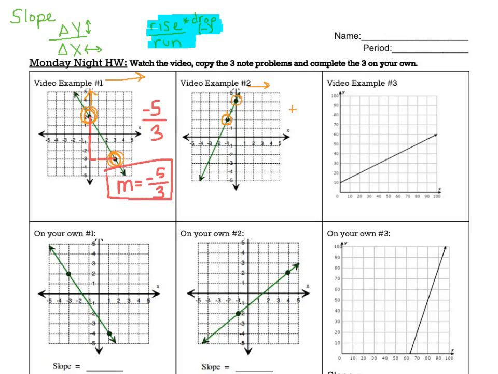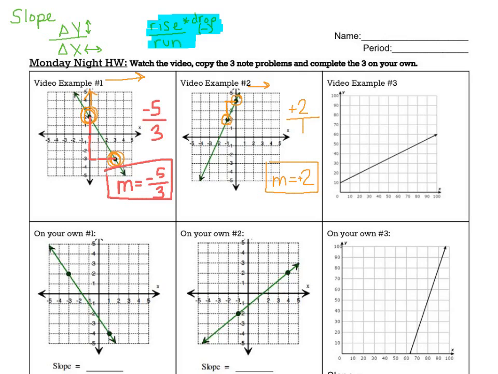We're going to go up 1, 2, up 2, and run 1. So our slope, m, we can simplify. 2 over 1 is just 2. If you want to put the positive there, you can. So in this example, our slope is +2.